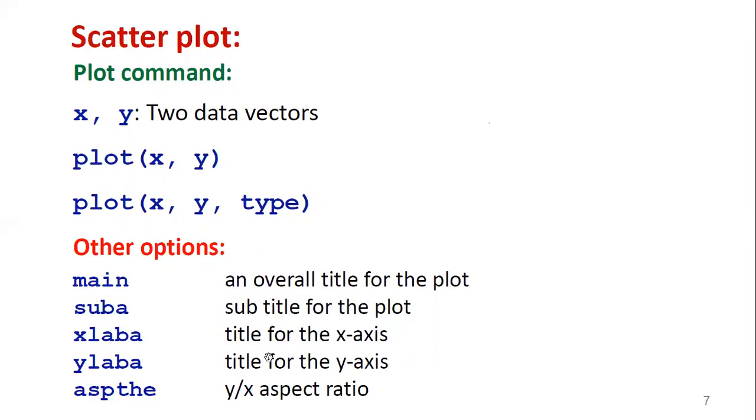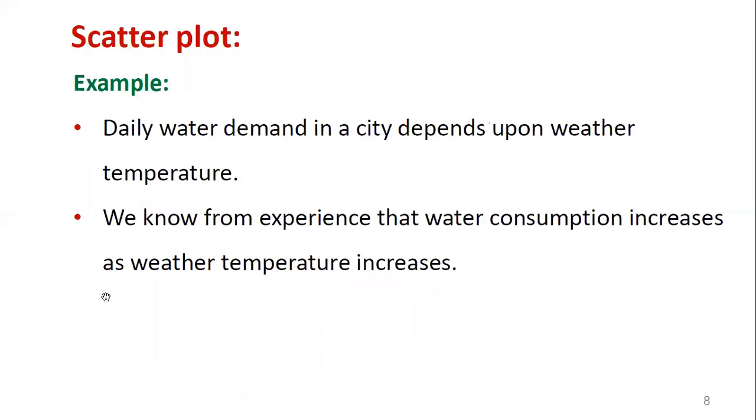For the y-axis, use ylab. The aspect ratio y by x is denoted by asp. Whichever feature you want, you can include in the plot command after type. This also we will demonstrate.